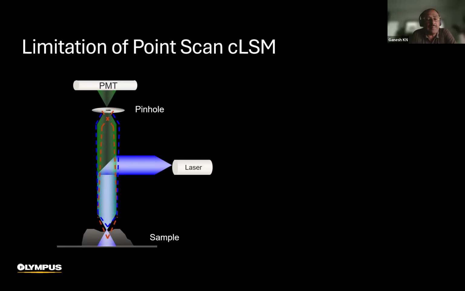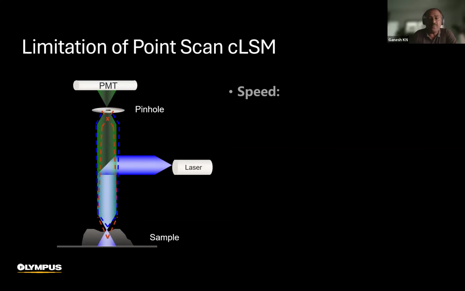However, in this point scanning confocal microscope, you have to excite point by point, so it takes a lot of time. The exposure time is not what we normally expect; it is somewhere around a few microseconds at each point. So to complete an image of the entire 512 by 512, it takes several seconds to give a respectable signal to noise ratio and an image.